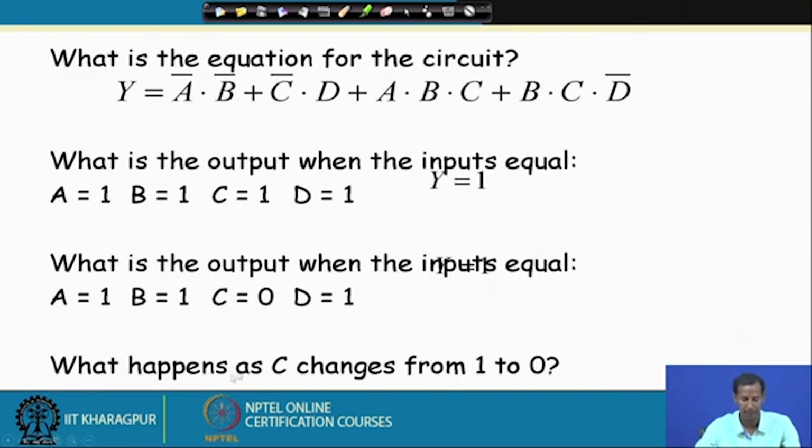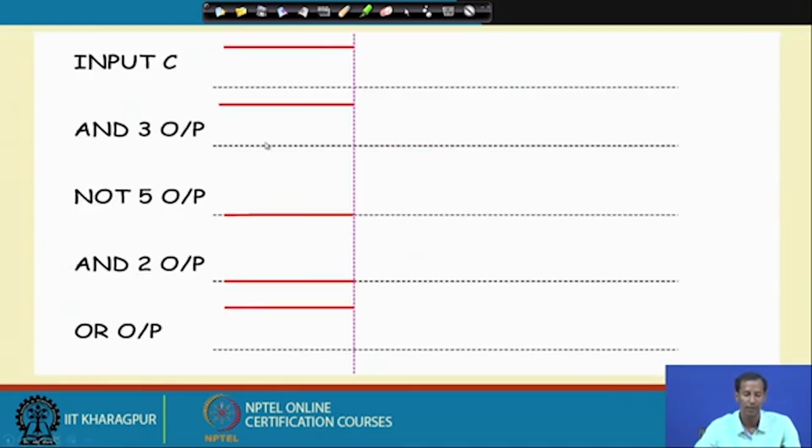What happens as c changes from 1 to 0? In both cases, y is 1 as c is changing from 1 to 0.